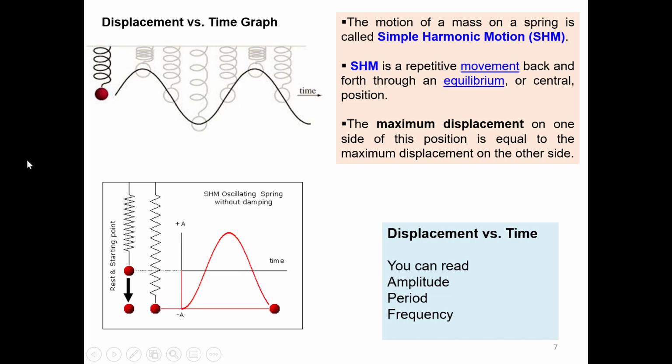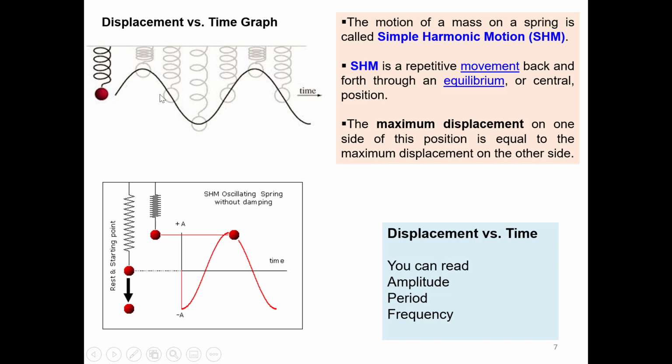Then one graph we can also use to describe simple harmonic motion is the displacement versus time graph. What we have here is that we are able to take a picture of the motion of this spring at different moments.